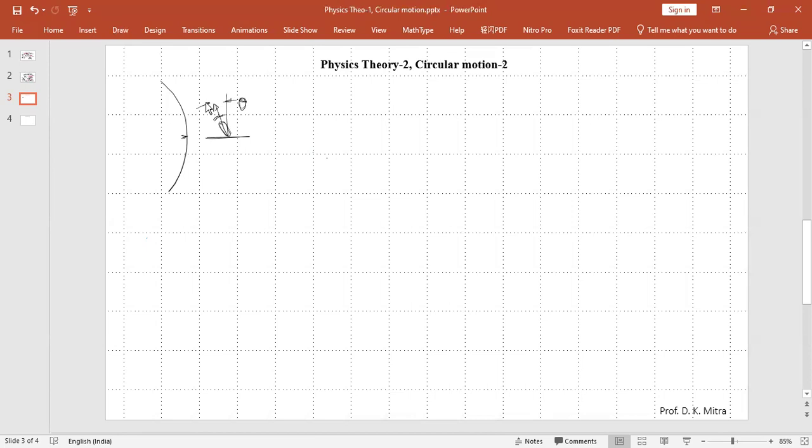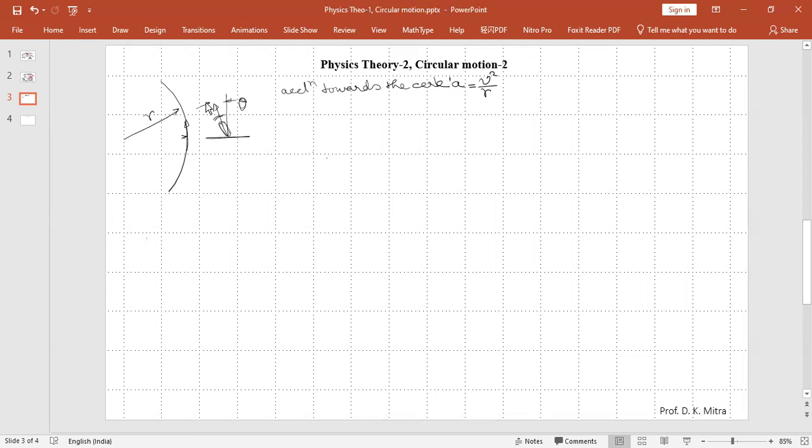Why do you do that? You do that because whenever you have to travel in a circular path, the acceleration towards the center, which we named earlier A, we have seen this value is equal to v square by r, the linear velocity square by r, where r is the radius of the circle.